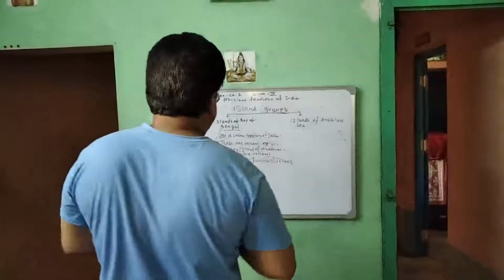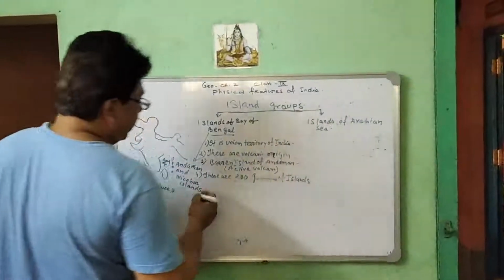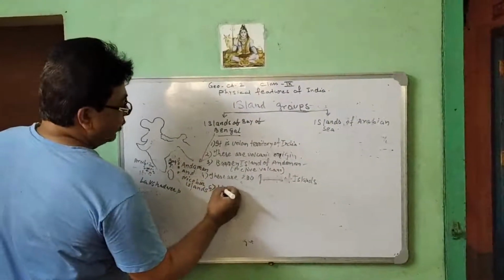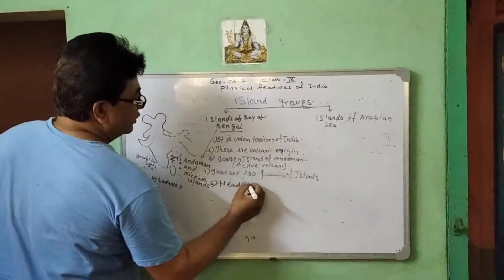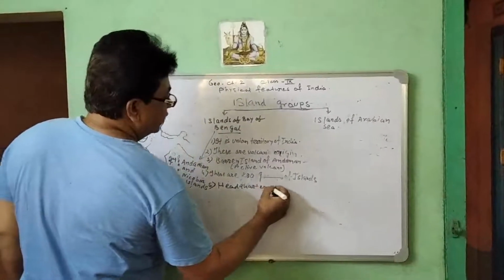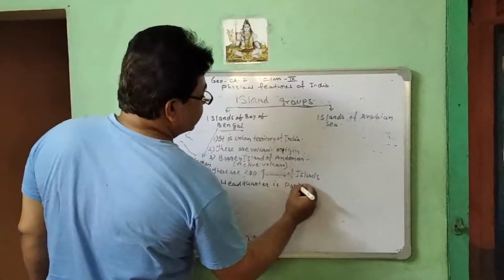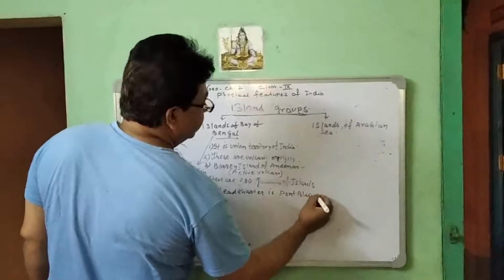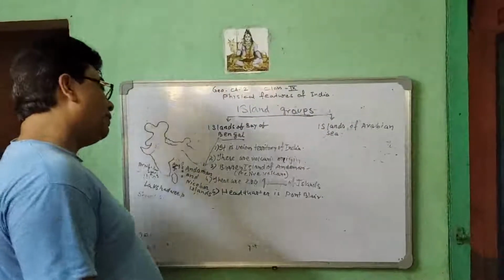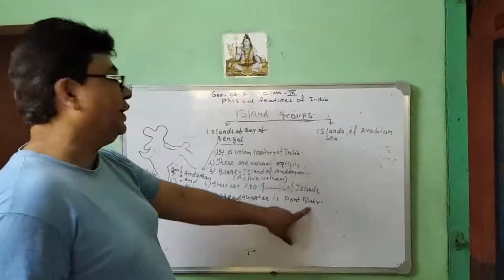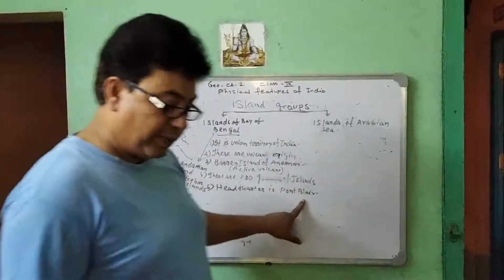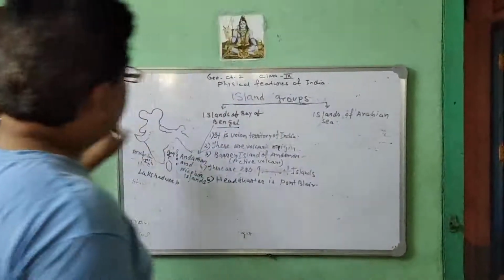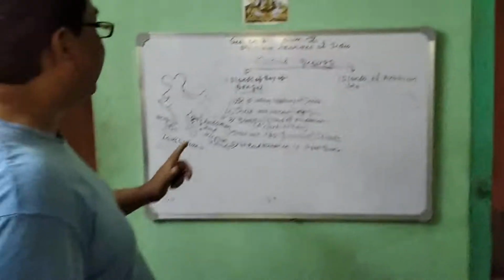The headquarters of the Andaman and Nicobar Islands is Port Blair. Port Blair is the capital city of Andaman. So, I have told you that these are islands of volcanic origin.